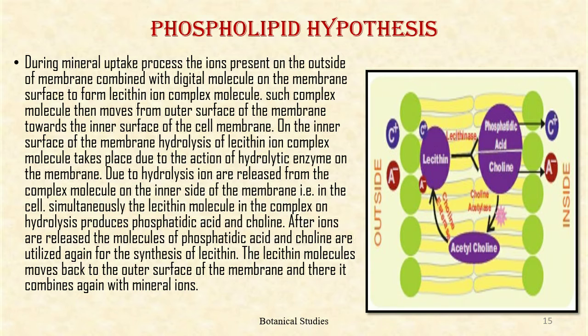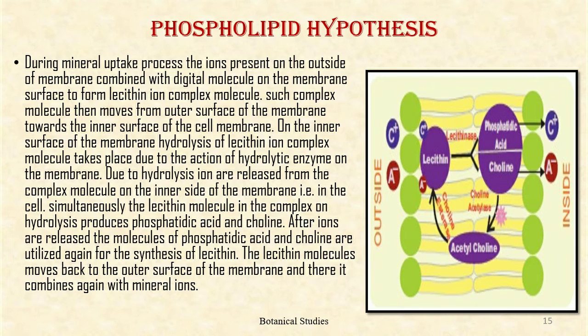On the inner surface of the membrane, hydrolysis of the lecithin ion complex molecule takes place due to the action of hydrolytic enzymes on the membrane. Due to hydrolysis, ions are released from the complex molecule on the inner side of the membrane, that is in the cell. Simultaneously, the lecithin molecule in the complex on hydrolysis produces phosphatidic acid and choline.